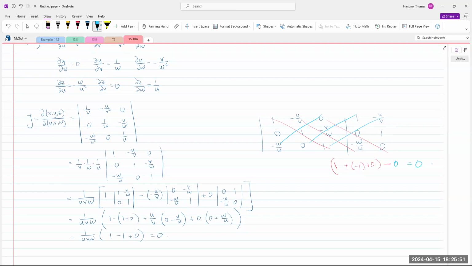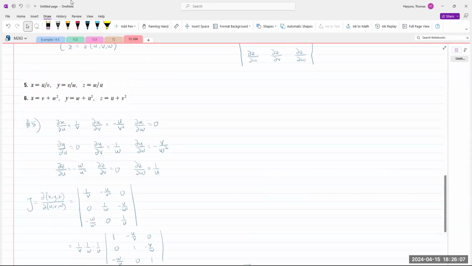Yeah, that's still 0. Which is something I don't expect when I compute a Jacobian. A Jacobian, as I remember, is not supposed to be 0. Well, anyway, that's what I get. That's for number 5. Let's do number 6.